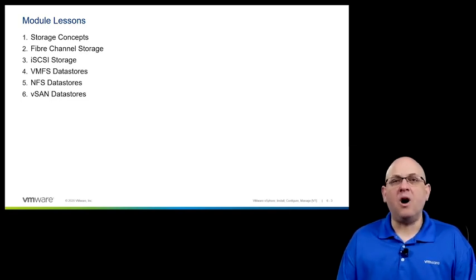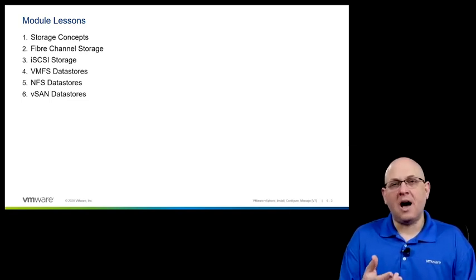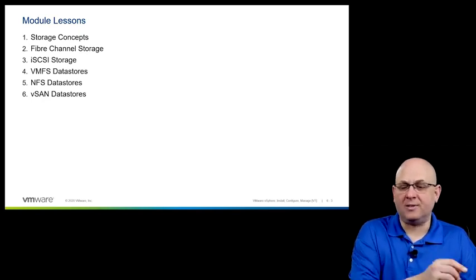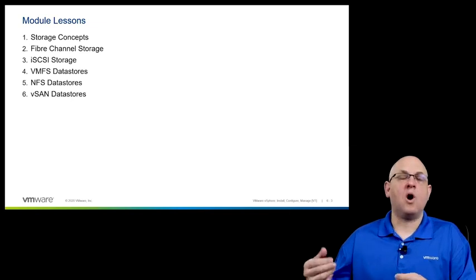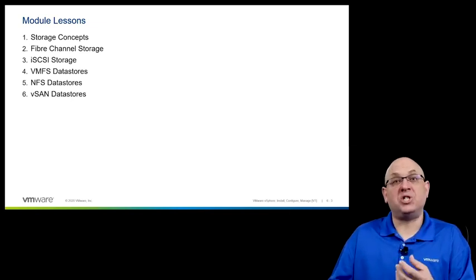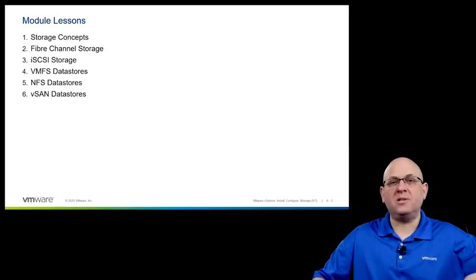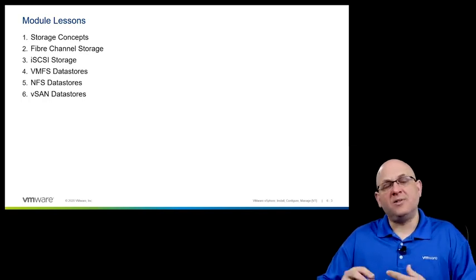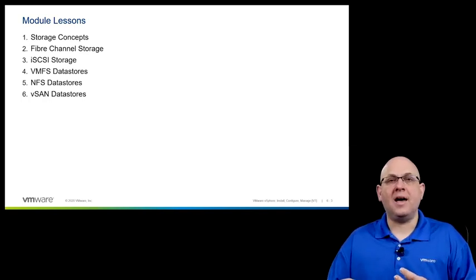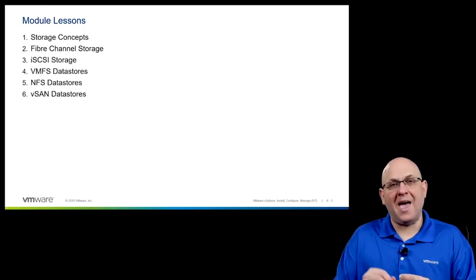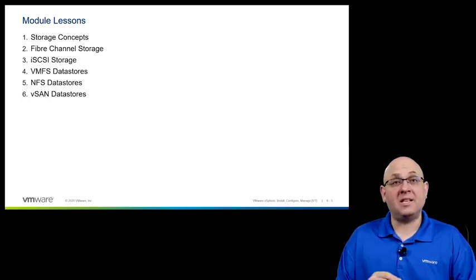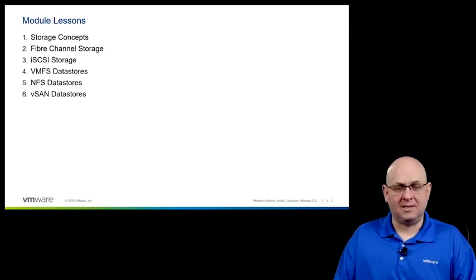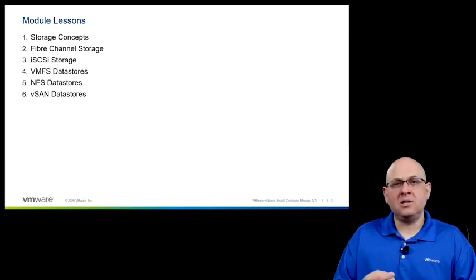NFS has been around for a long time, but the difference between iSCSI and fiber channel at block level storage and NFS, which is a file level storage or a file share system, there's some differences on the back end, certainly some differences in the way that we treat it, and certainly some differences in the way that we access it from the perspective of ESXi. Every bit as performant in many cases, right? But just a little bit different in the way that we manage and configure them.